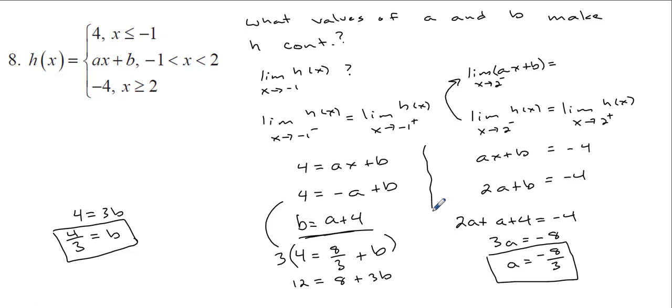That means if a is -8/3 and b is 4/3, this function lines up with this function, which then lines up with this function. So it's continuous everywhere. Basically, at 4, then we go like this, then we go like this. Shouldn't 8/3 be negative? We did negative. Oh yeah.